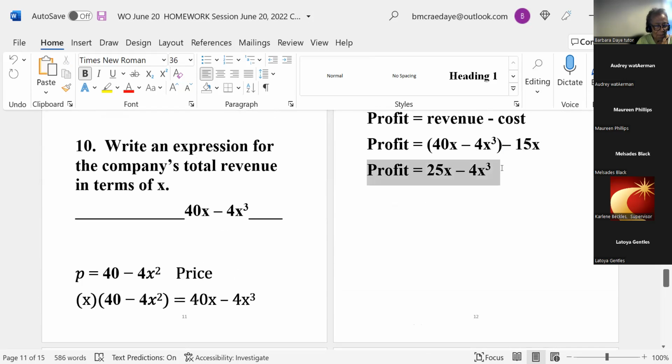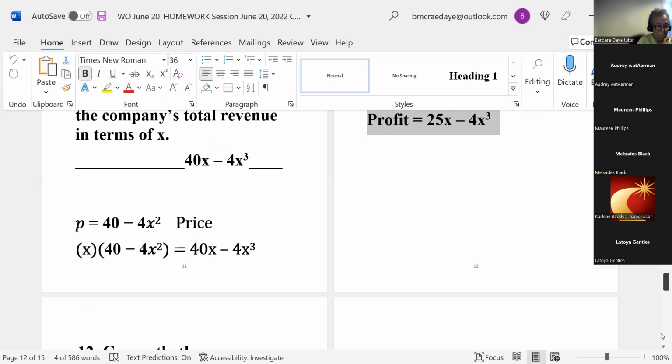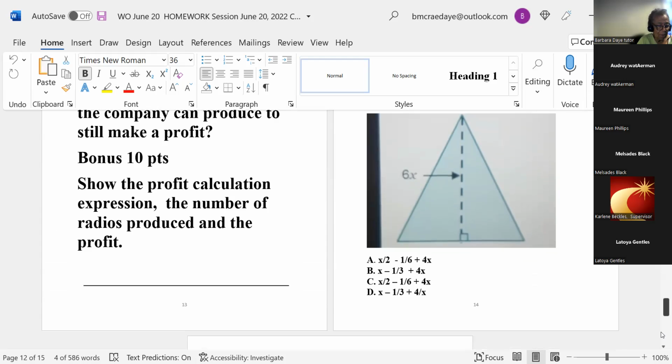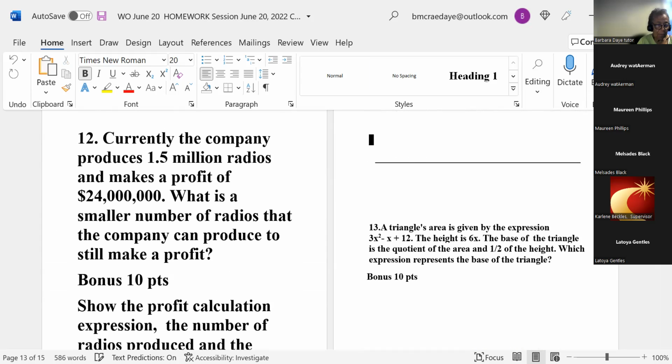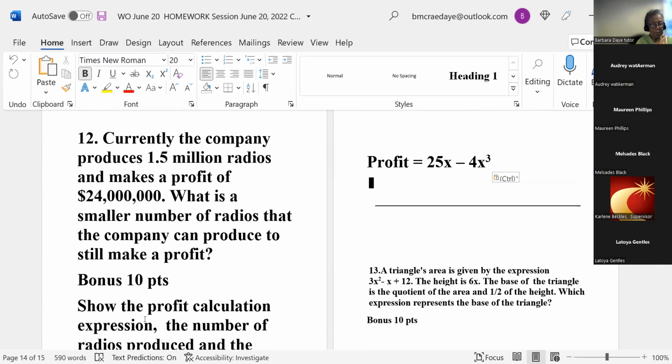Good. Now, let's take the profit formula and put it here. We're going to have to go to the next page. So I put the profit formula here, right? Now suppose you had a million instead of the 1.5, you make a million radios.